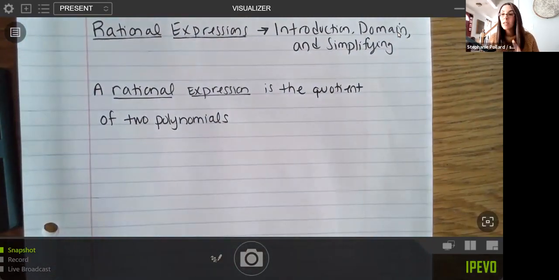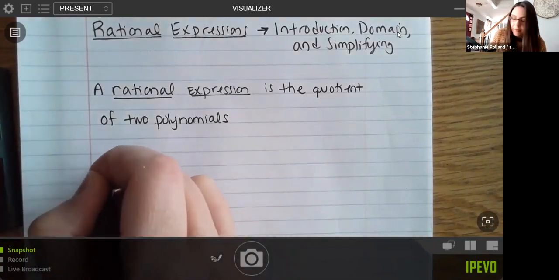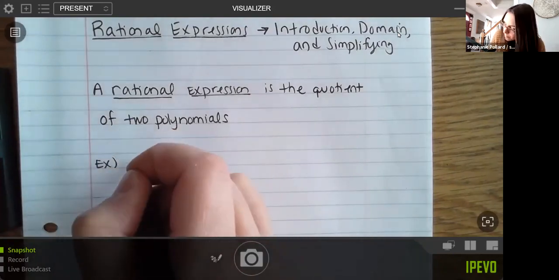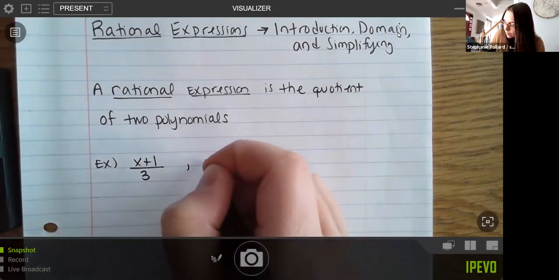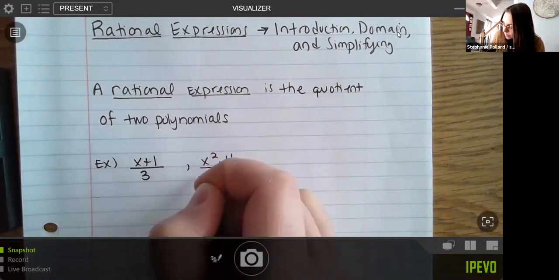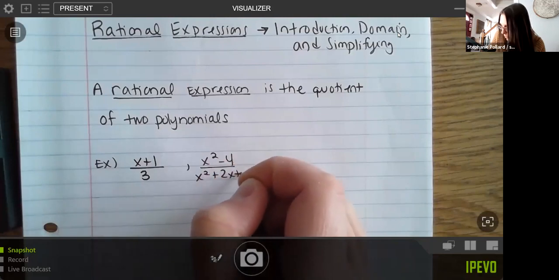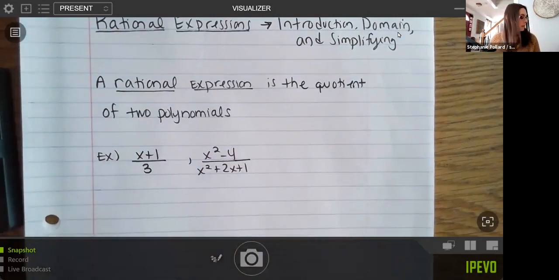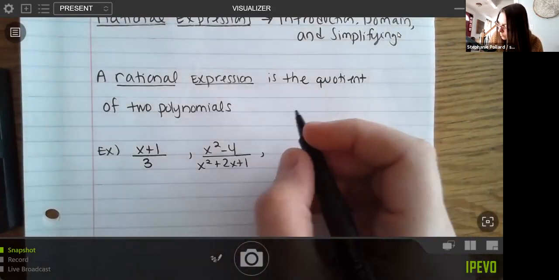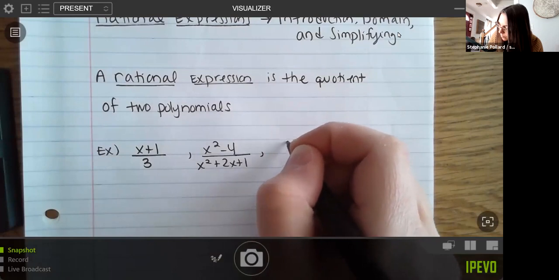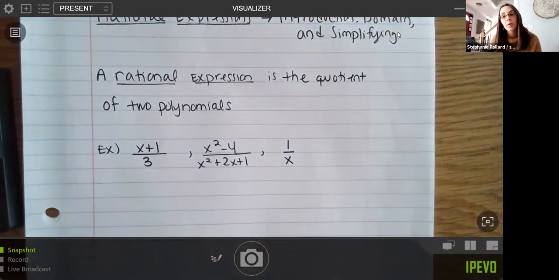So basically we're looking at ratios here, or they look like fractions, but instead of just having a normal, let's say numerator and denominator, they're going to be polynomials. So for example, you could have something like this. Or something like this, a little bit more complicated. Even something like this, something more simple.